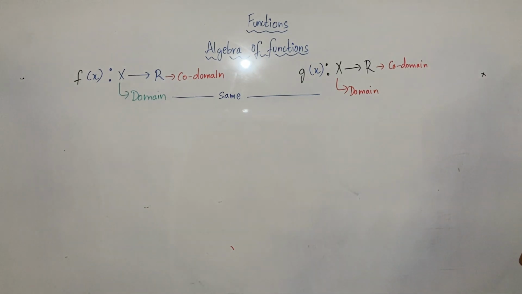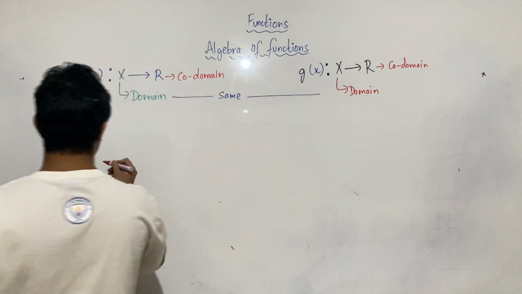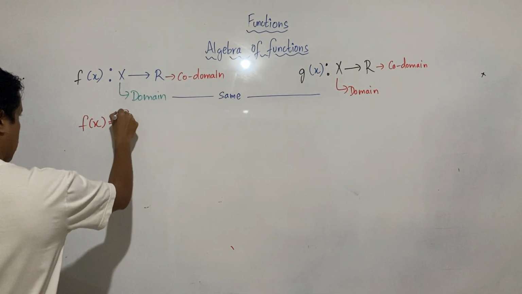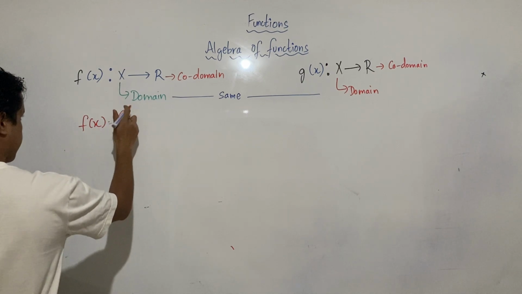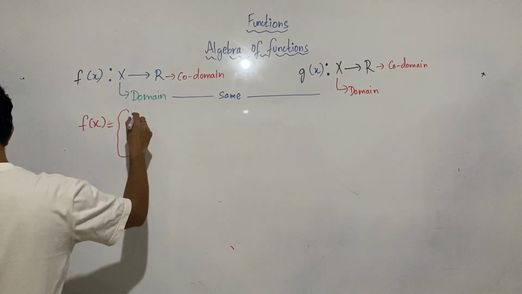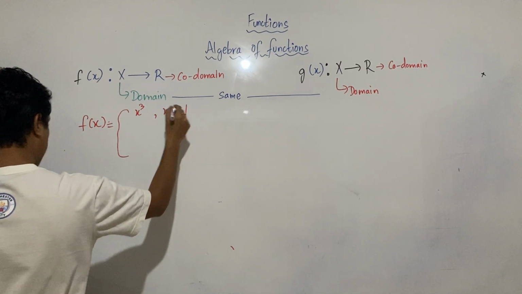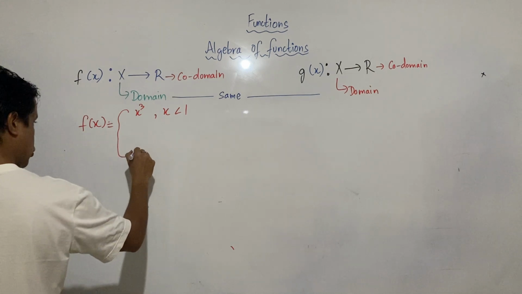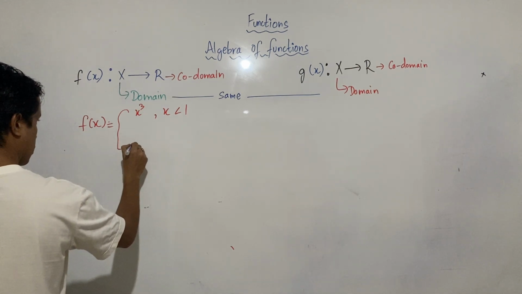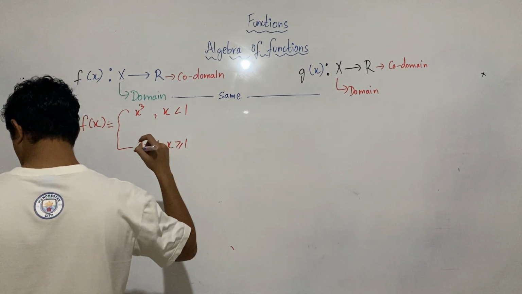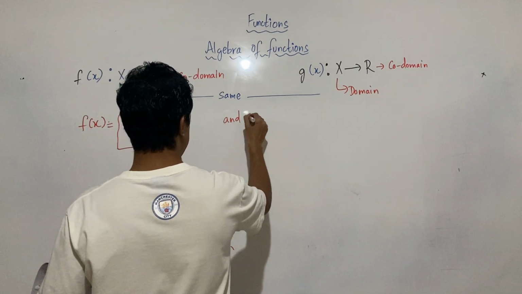Okay, so the first question. I have two functions. Here my first function is f of x equal to x cube for x less than 1, and 2x minus 1 for x greater than or equal to 1. And here I have g of x.